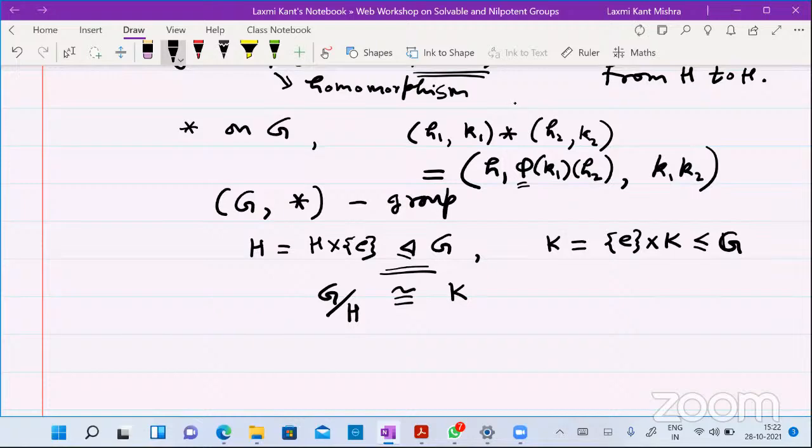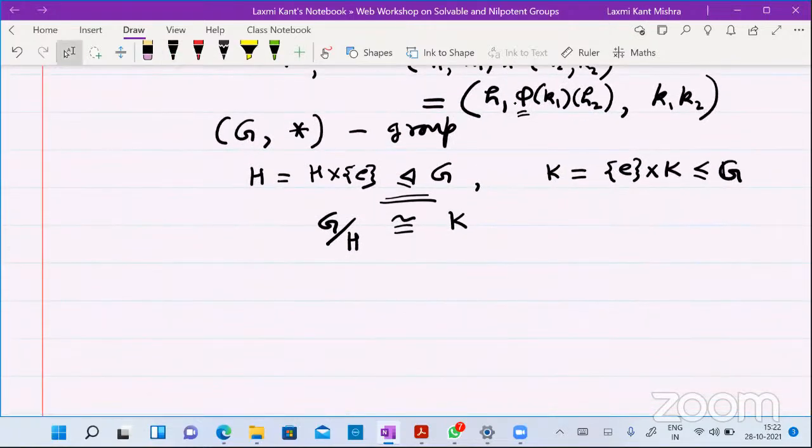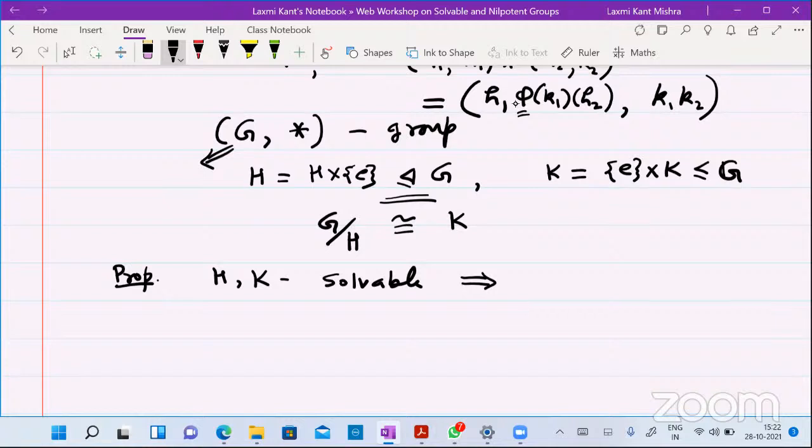Now what we wish to show, not to show, but I'm stating, is that if H and K are two soluble groups, then, one more thing I forgot to mention, this G is denoted by H semi-direct product K. This is the notation for the semi-direct product.